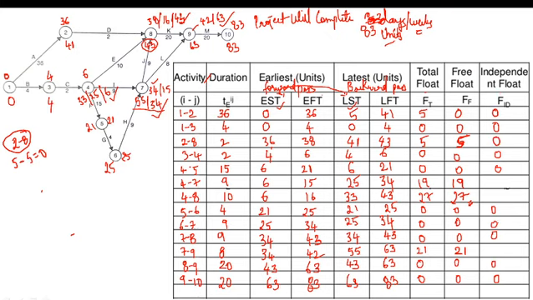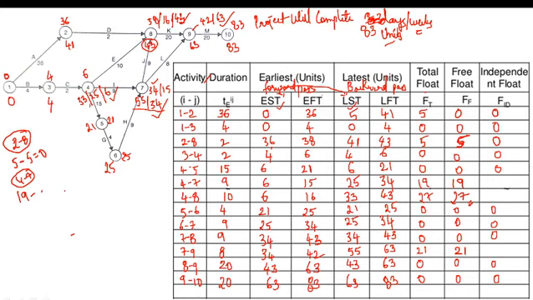This value is 0. Now look at activity 4 to 7. What is the free float of 4 to 7? 19. 19 is the free float minus the total float of the tail activity. What is the tail activity of 4 to 7? 3 to 4 is the tail activity. What is the total float of 3 to 4? It is 0.